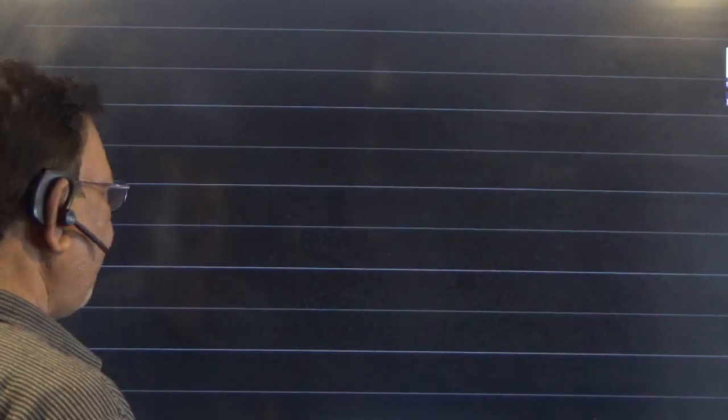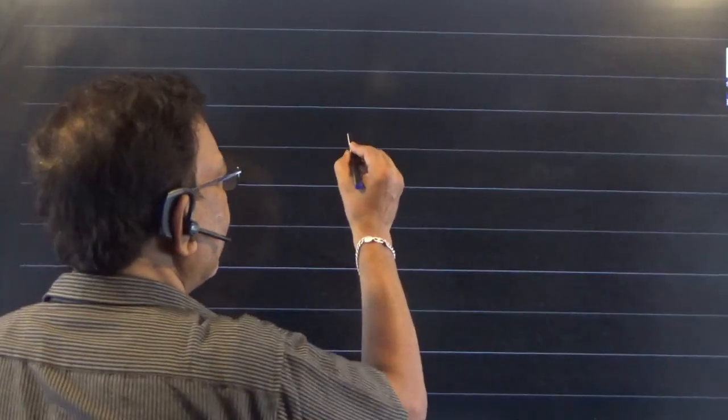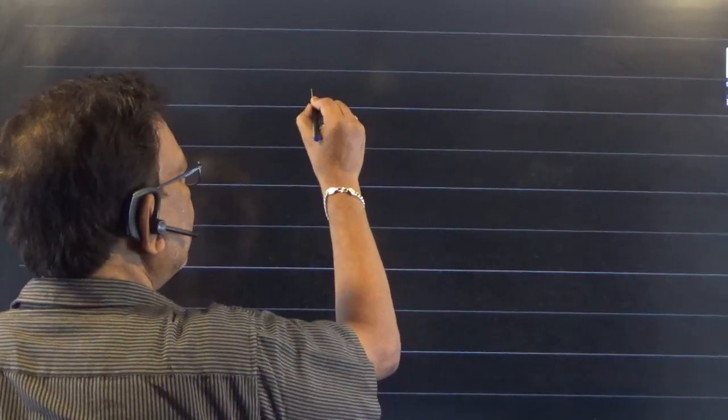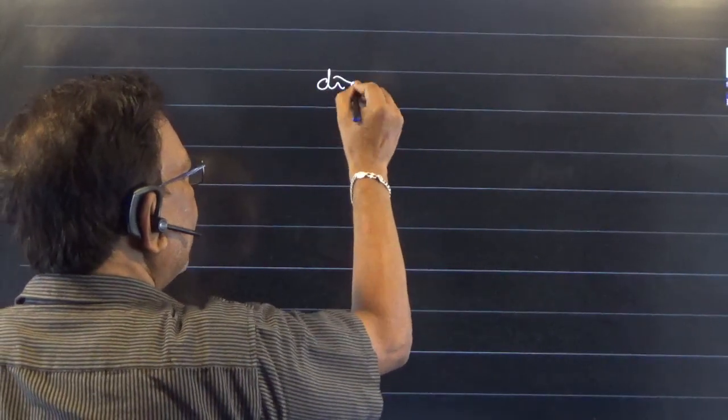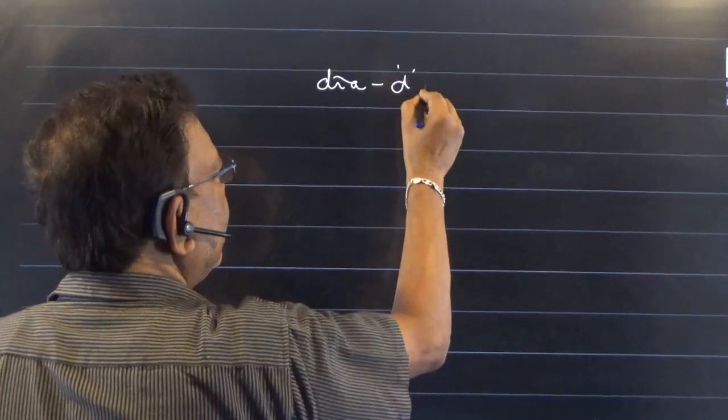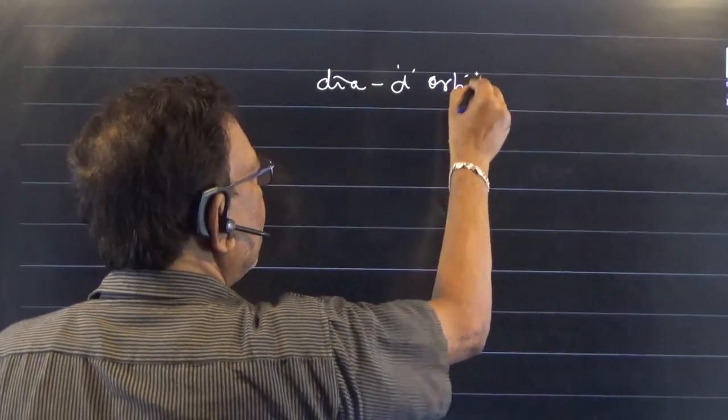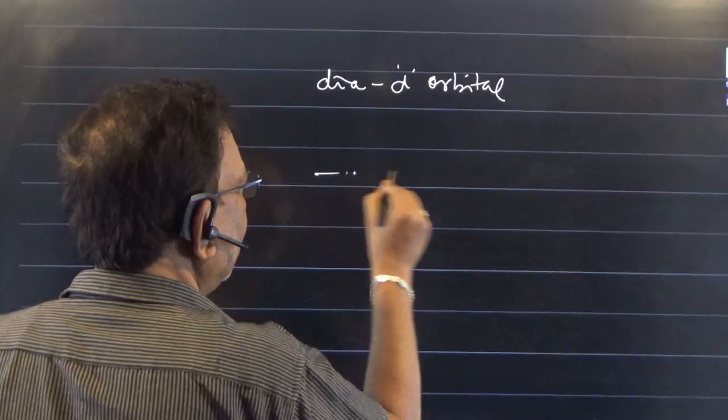Next point, the d orbital. This is the diagram of the d orbital.